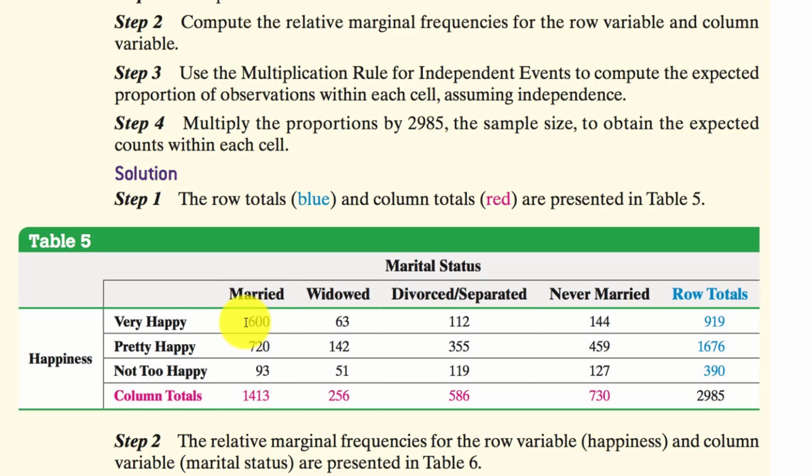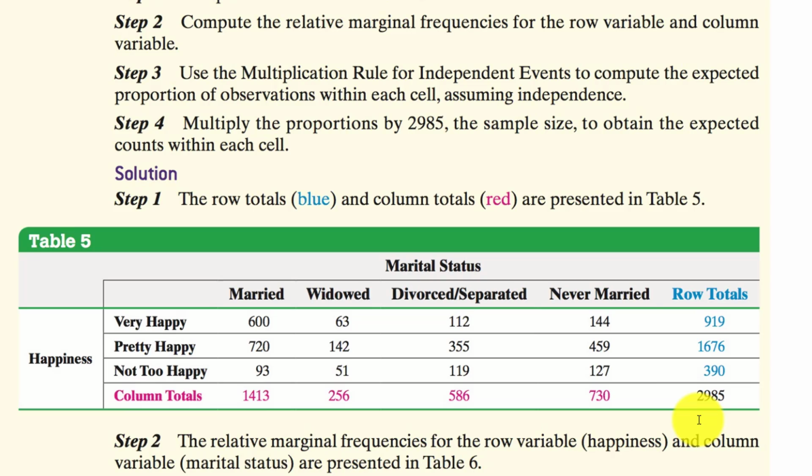If you're calculating the probability of being very happy, you would take the row total, which is 919, and divide it by the grand total, which is 2985. Likewise, if you wanted to find the probability of being married, you would take the column total, 1413, and divide it by the grand total, 2985.